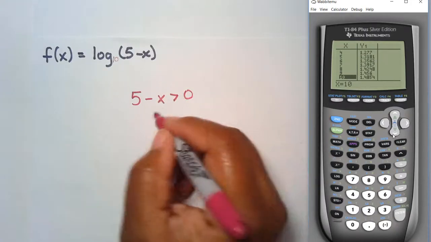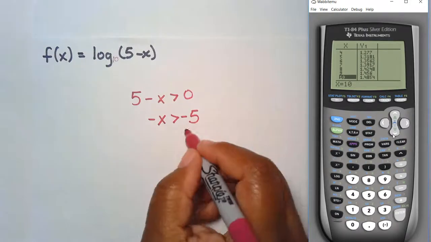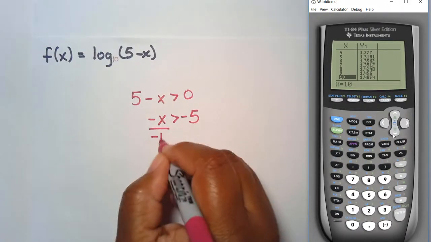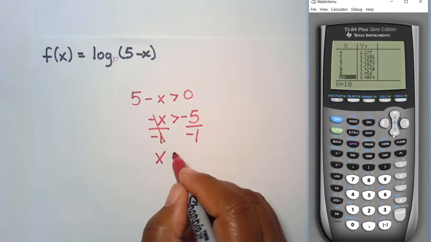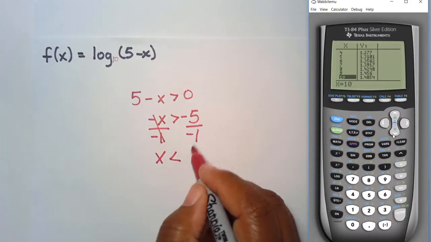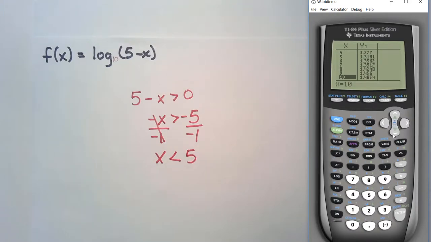Solve for x. We're going to subtract 5, so we have -x is greater than -5. Then we're going to divide by -1, and when we divide by -1, we switch the sign. So we have x is less than 5.